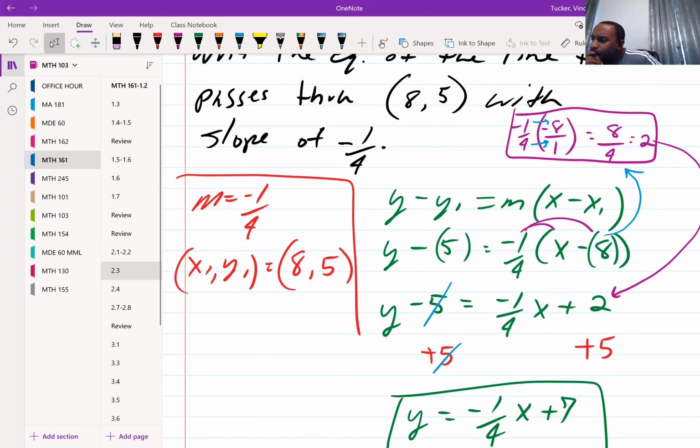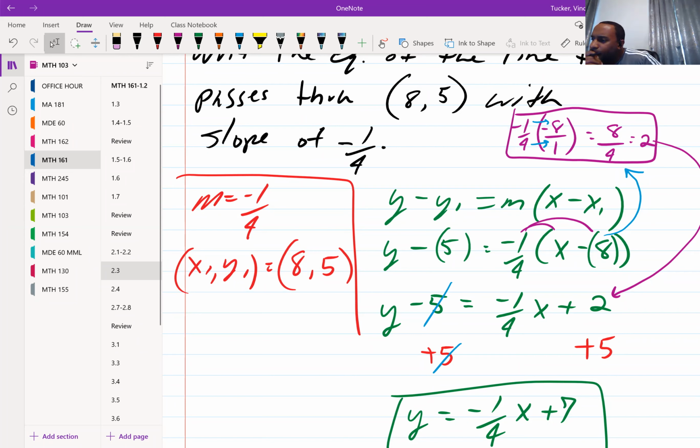So it just means they have the same incline, same slope, same slant.